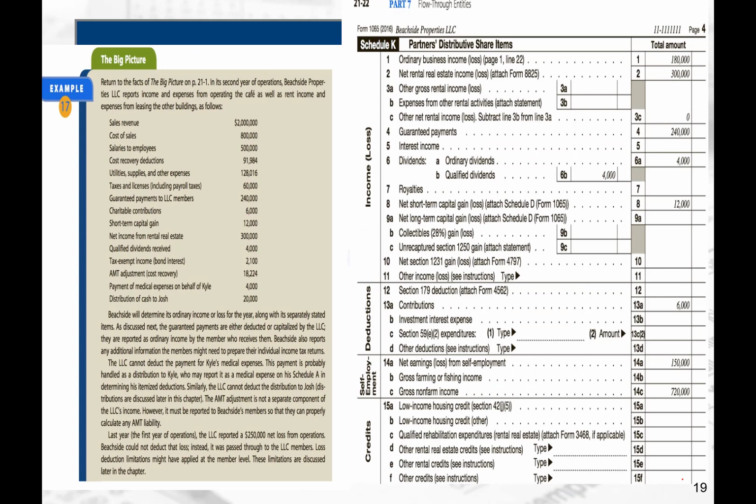Okay, so you can see we have the 180,000 here, and then we start bringing in some real estate that the partnership apparently held, but we're not considering that part of the income of the partnership. We consider that income to the partners. It's going to be distributed. We have what? We have our charitable contributions.